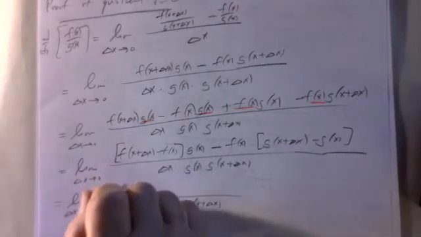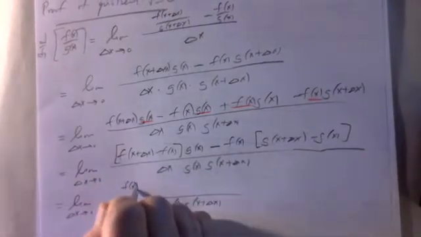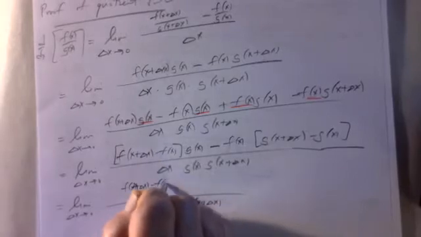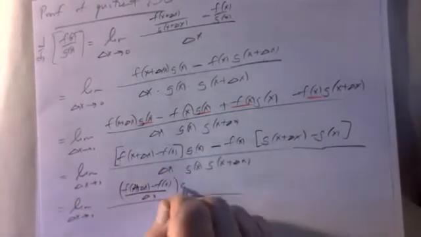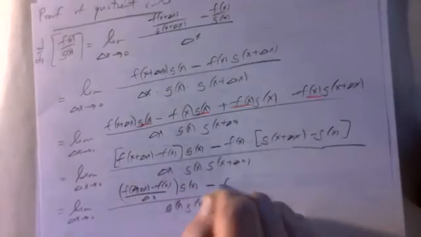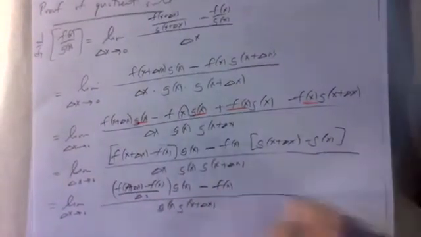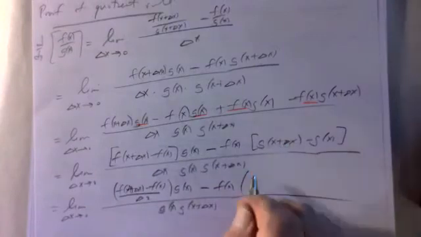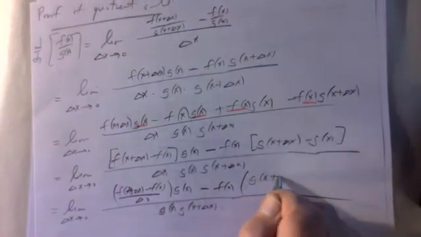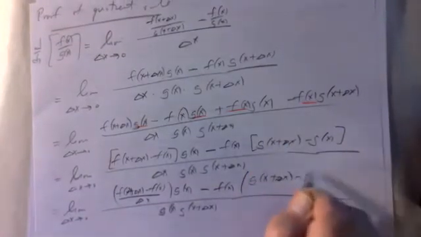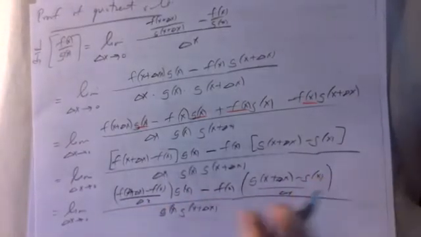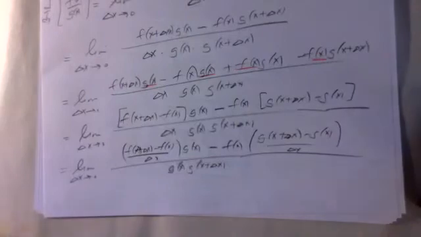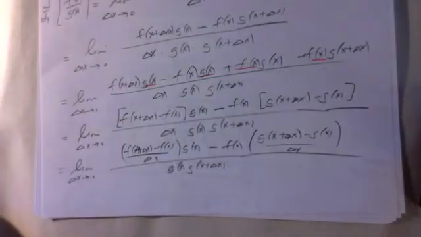And I also have f of x plus delta x minus f of x, divided by delta x, times g of x, minus f of x times g of x plus delta x minus g of x, over delta x. And again, you just have to check carefully and take some time that all the algebra is correct.